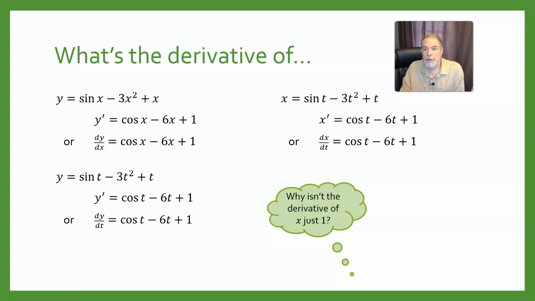And so when we were finding the derivative of x, we were finding the derivative with respect to t. And if there's any confusion about that, that's where the d notation comes in handy. That's why it might be an advantage to use the dx dt or d whatever notation instead of just the prime notation.